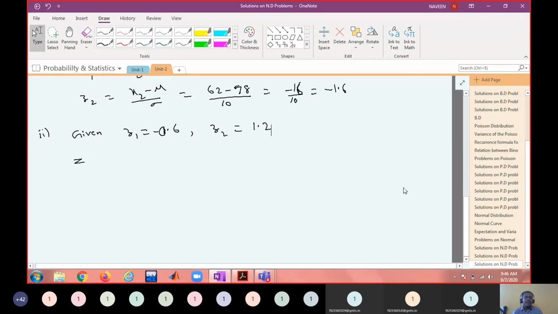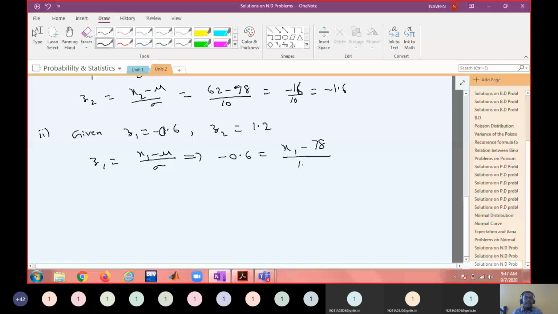So that means what? Z1 equal to X1 minus mu by sigma. So Z1, minus 0.6, is equal to X1, which we don't know, minus mu, which is 78, by sigma, which is 10. From this solve for X1.